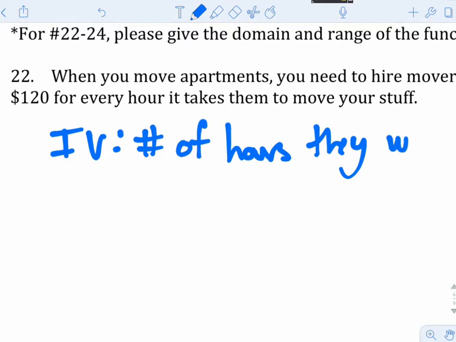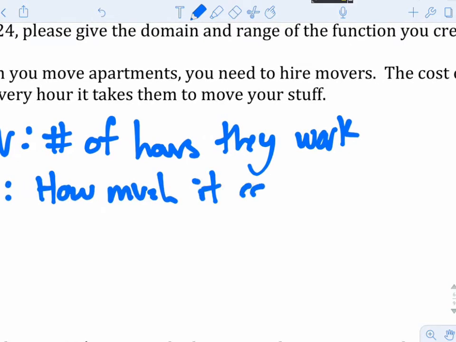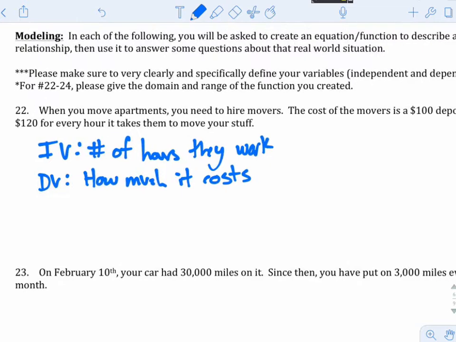And what depends on that? I think the dependent variable will be how much it costs. How much it costs to move depends on how long they work for. And in this case, let's use some unoriginal variables x and y.